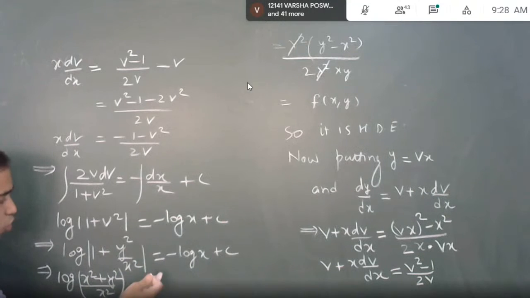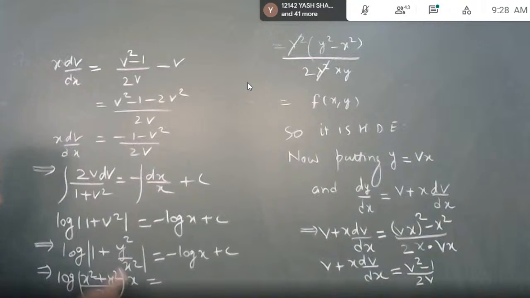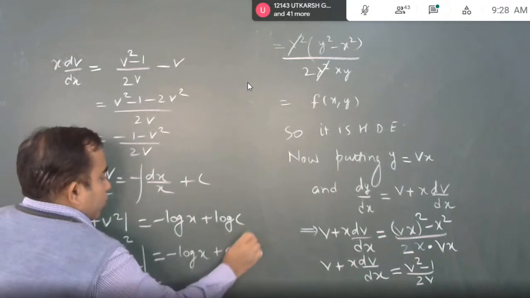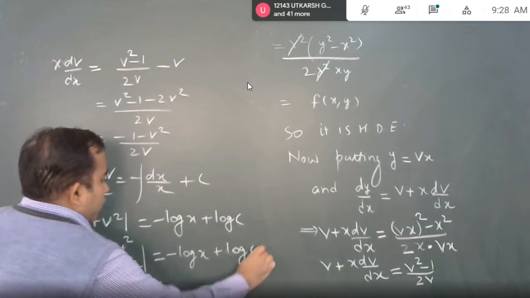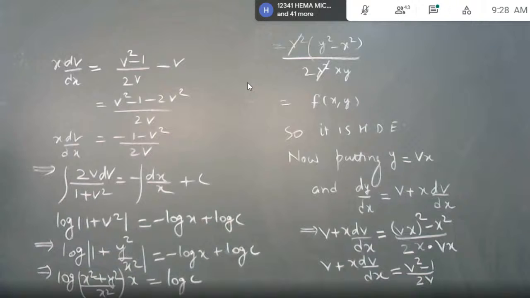and log a plus log b is log ab, so into x it will become, and when two logs were there, let us put the third constant also as log so that I can remove the log from both the sides. Now remove log from both the sides. You should not cancel it. It is not in multiply. Actually we are taking anti-log, right? Inverse function we are taking.